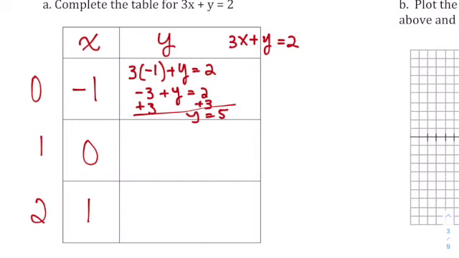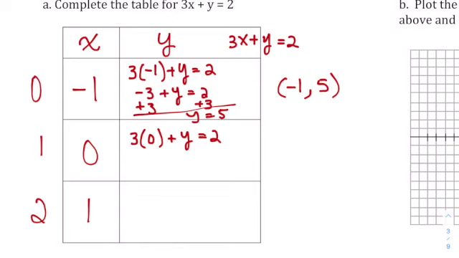Now you say, Miss Wiesman, that is so much work. I have to do that for every problem. Well, technically there's another way of doing it, but eventually we're going to show you. So that's y equals 5. So your ordered pair is -1, 5. Next one is 3 times 0 plus y equals 2.